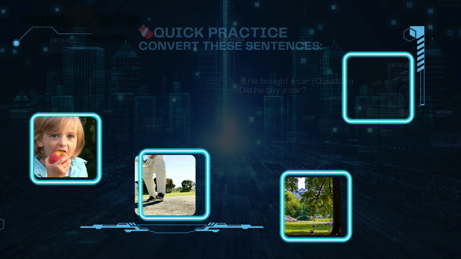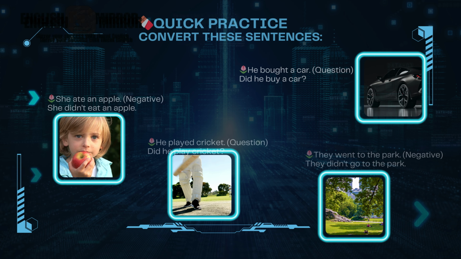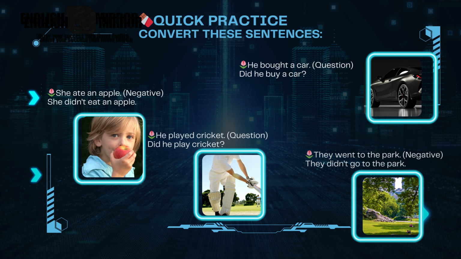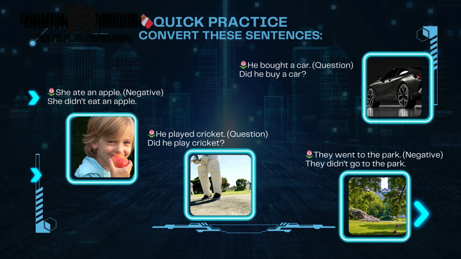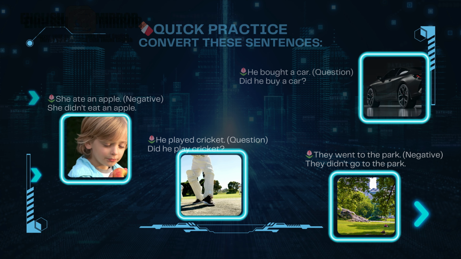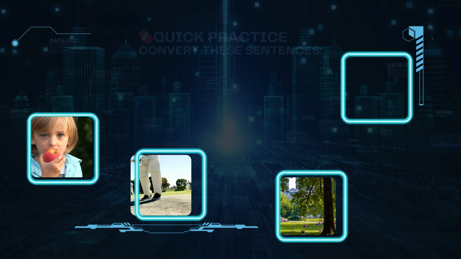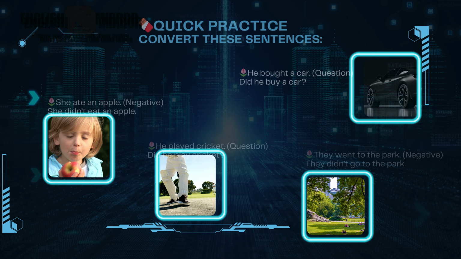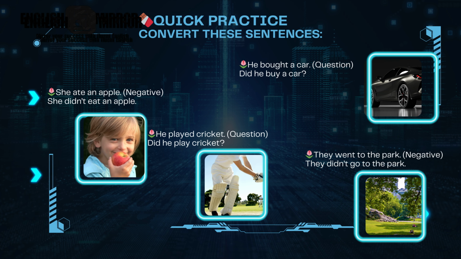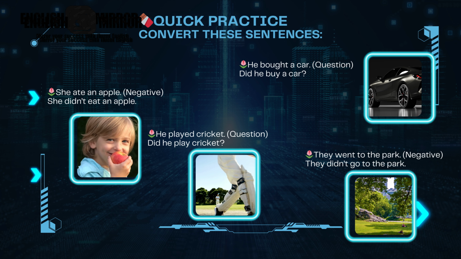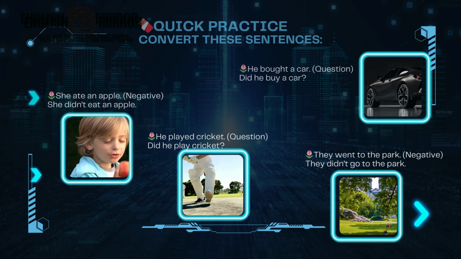Now here comes a quick practice for you. You have to convert the given sentences into negative form or question form. First sentence: she ate an apple. Converting into a negative sentence means she did not eat an apple. She is the subject, did plus not, and eat is the V1 form of the verb. The next sentence, he played cricket.